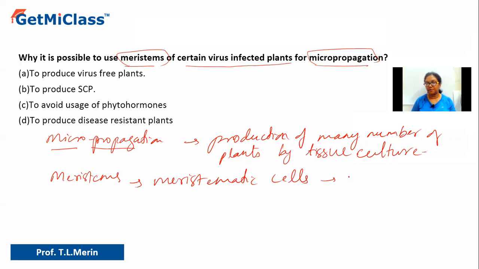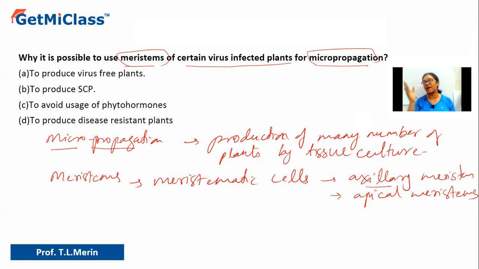You have axillary meristem, then you have apical meristem. Apical meristem will be at the tip or the terminal, so it can be called terminal meristem. Axillary meristems are present in the axils of the stems. These are like tiny bud-like structures, a group of meristematic cells.